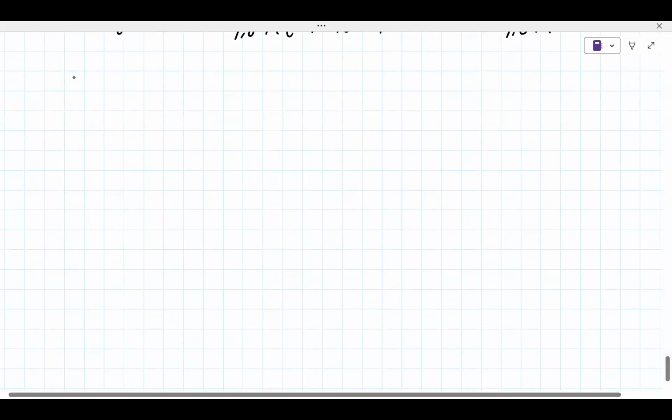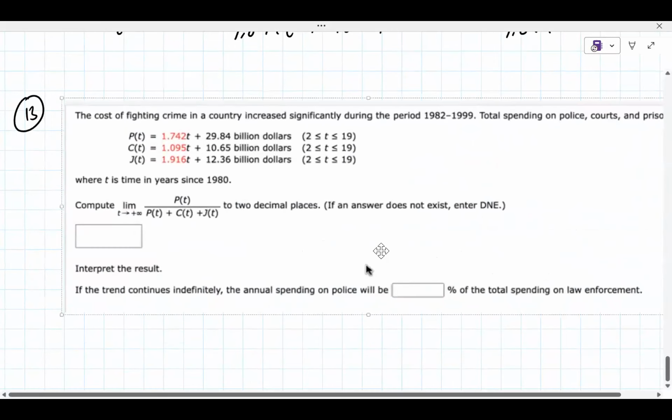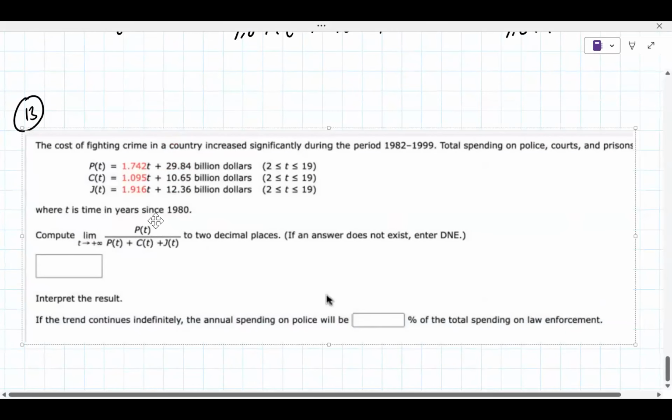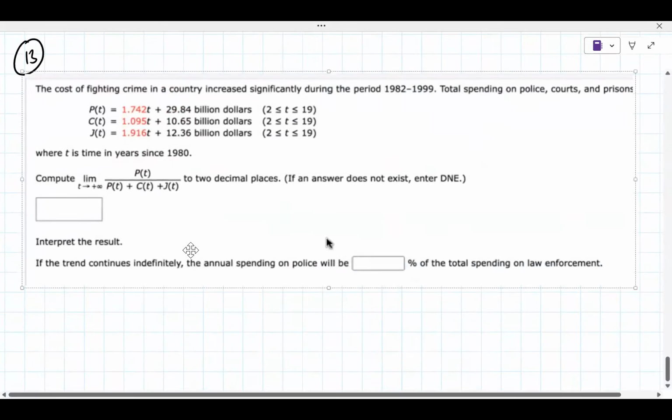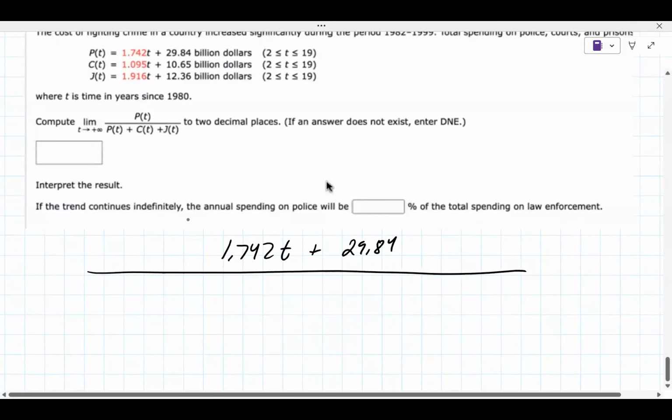So let's go now to 13. In 13, we have three equations. Is it similar to 12, or is it different? It looks a little different because they're saying P of t over P of t plus C of t plus J of t. I guess I will write this out in case you want to see it later. 1.742t plus 29.84, all over 1.74t plus 29.84 plus 1.095t plus 10.65 plus 1.916t plus 12.36.